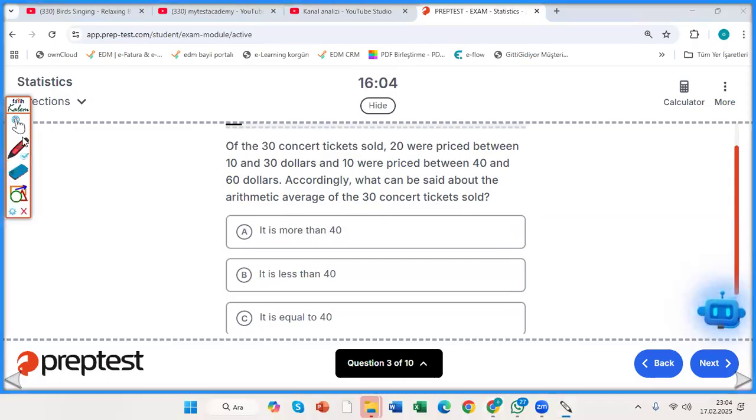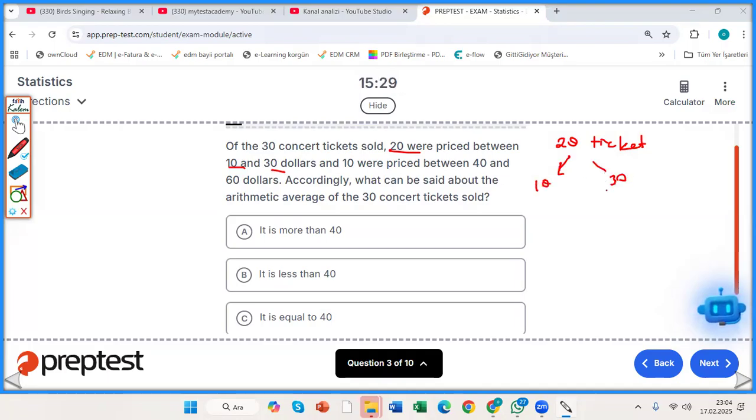Right now, I'm going to show you the interval of the data set. As you can realize, 20 tickets were priced between $10 and $30.